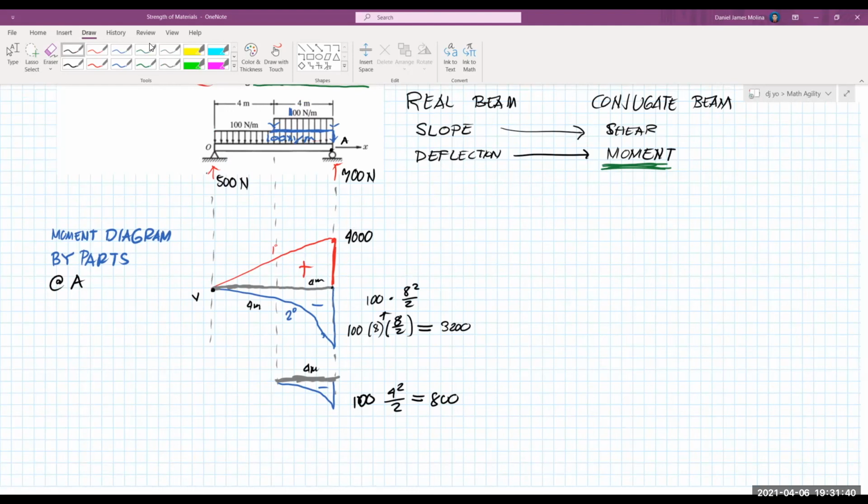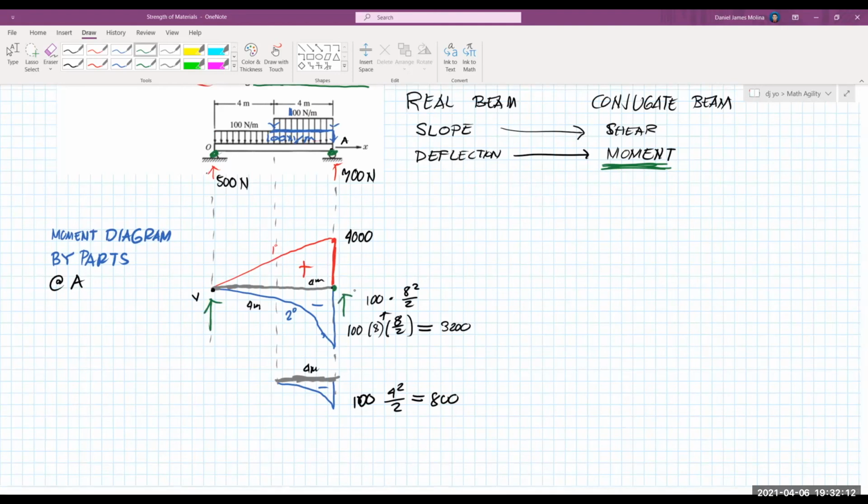Before solving, we need to show the equivalent form of our supports at the conjugate beam. Since the endpoints of our real beam are simple supports, those points at the conjugate beam are also simple supports. That's a property of the conjugate beam.